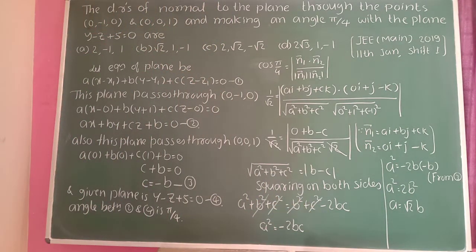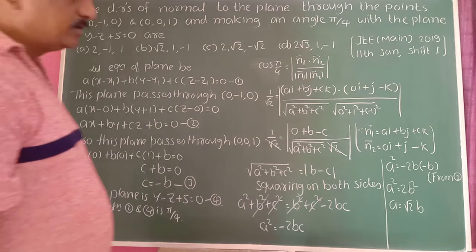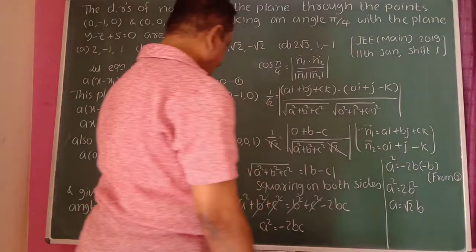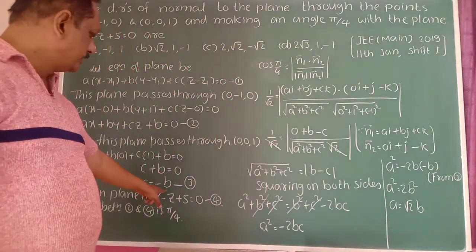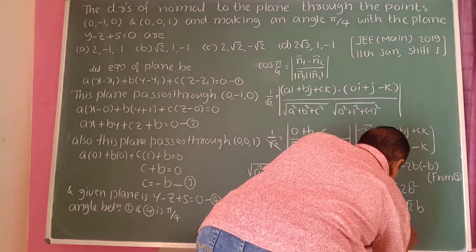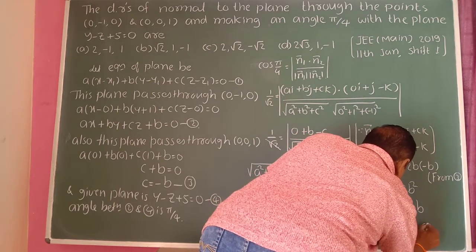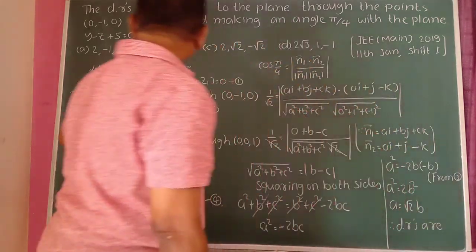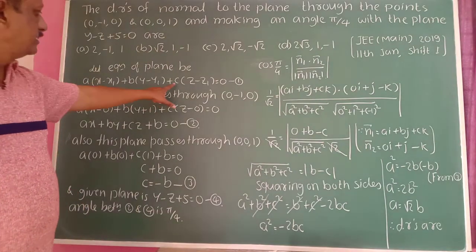In this case, a is equal to root 2 b and c is equal to minus b. Therefore, a, b and c are the direction ratios.